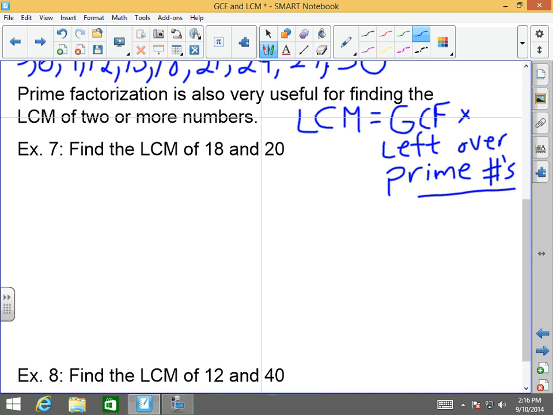The LCM equals the GCF times the leftover prime numbers. Let me explain what I mean.